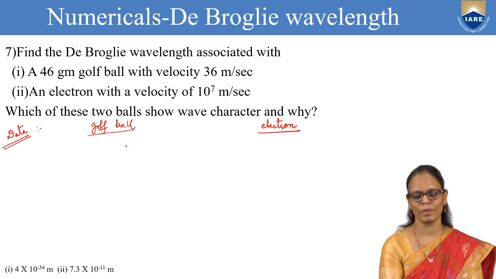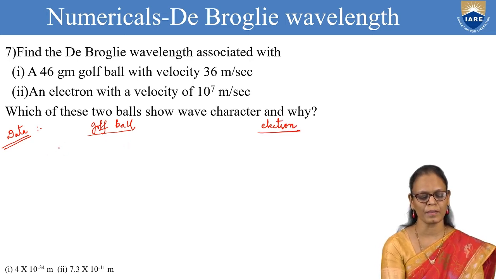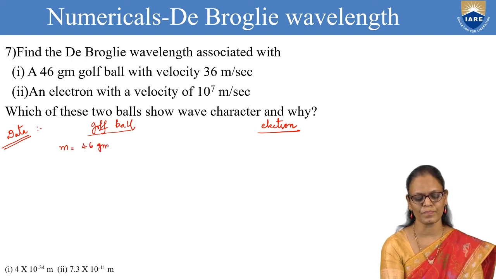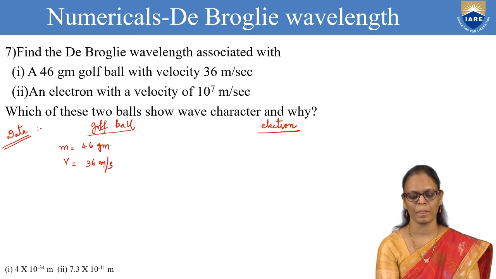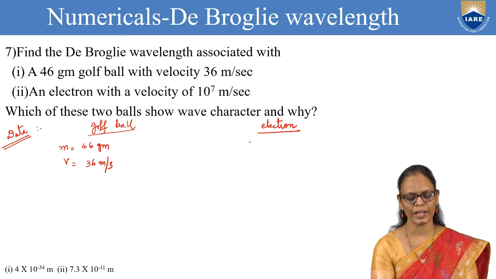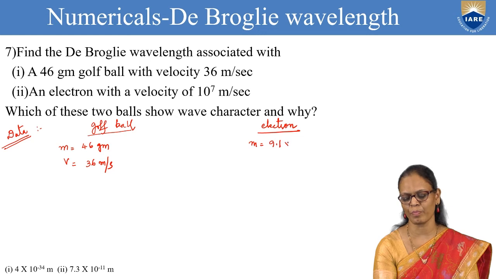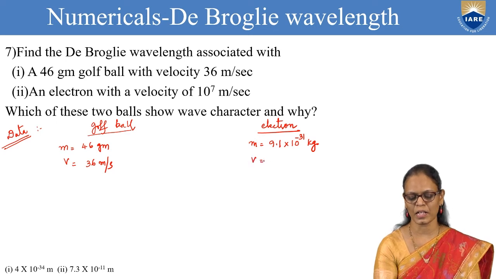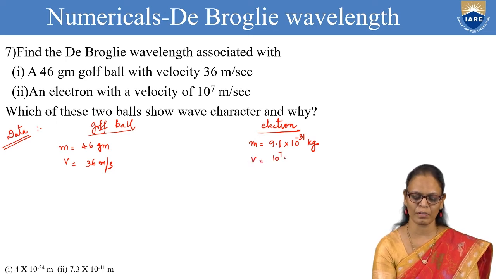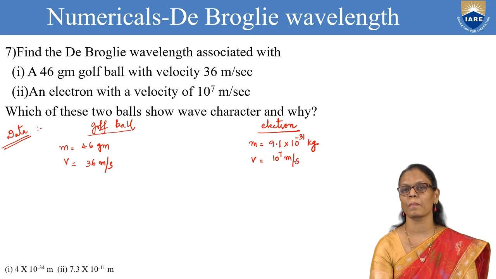For the golf ball, the mass is 46 gram and the velocity is 36 meter per second. And for the electron, the mass is not given, but we know the mass of the electron, 9.1 into 10 power minus 31 kilogram, and the velocity is 10 power 7 meter per second.